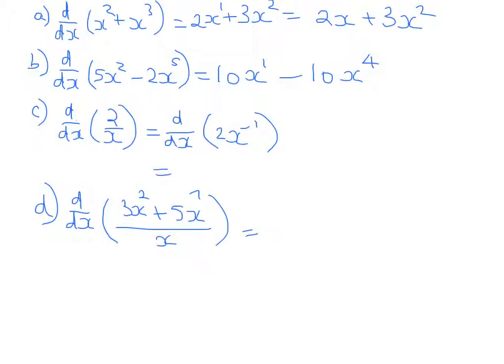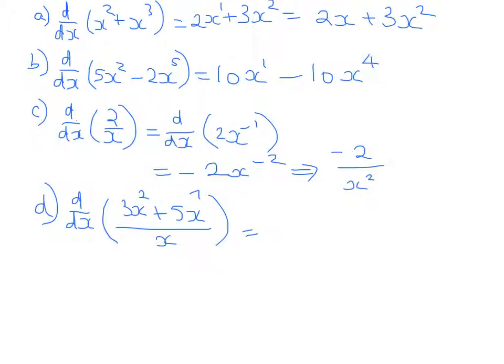So the derivative of that is negative 2, minus 1 times 2 is negative 2, x to the minus 2, and really we should get rid of the negative indice again, back to a fraction. So that's minus 2 over x squared. Just remember, the minus 2 is only being applied to the x, so that's why that ends up on the bottom. And the minus 2 out the front here is simply your constant.